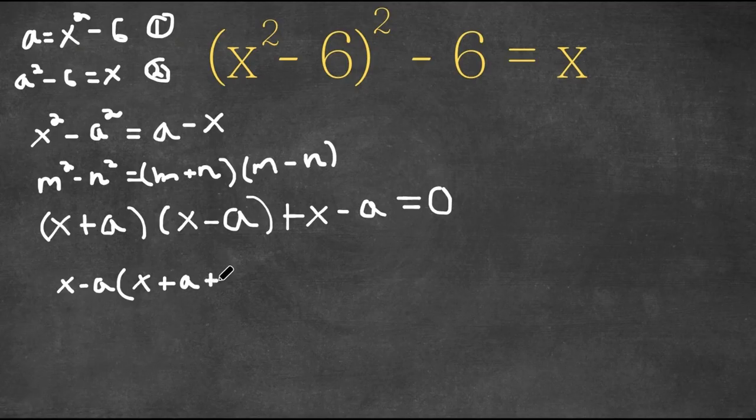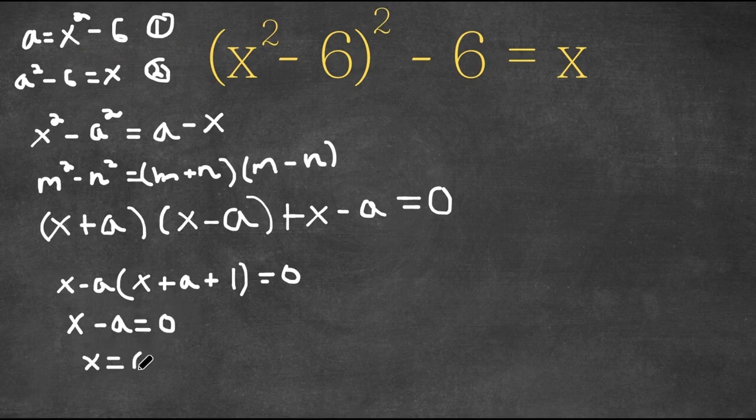So we have (x − a)(x + a + 1), and this is equal to 0. So now this would actually give us two equations. We would have x − a is equal to 0. And for this, if we add a on both sides, we simply get x is equal to a.